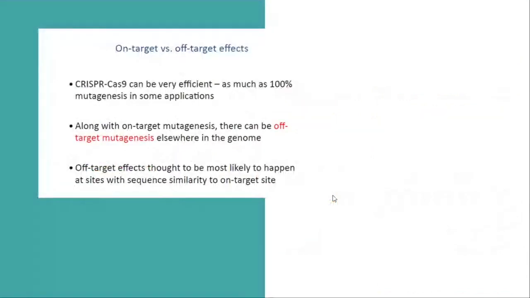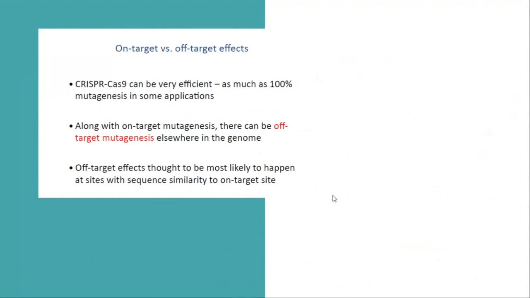With this, we'll also try to understand what on-target and off-target effects are. CRISPR-Cas9 can be very efficient. As much as 100% mutagenesis has been observed in some applications. But this also comes with off-target effects, or in common language, side effects, meaning binding of the guide RNA at undesired sites which you had not planned, but that just happened because of some sequence similarity.